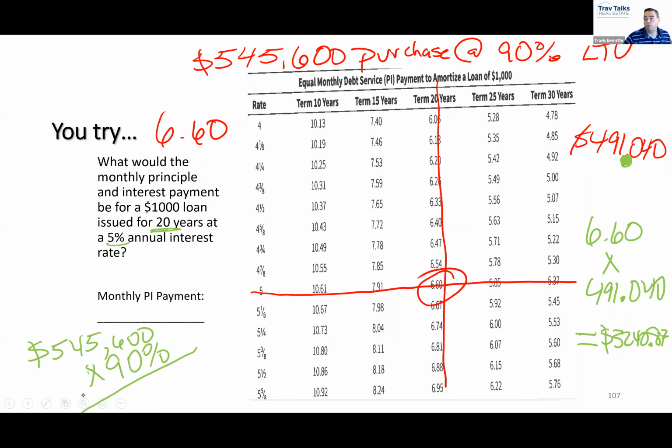That's where the $491,040 comes from. So the person is borrowing $491,000. Gotcha, I'm with you now. And then times the term factor, change the comma to a decimal, times $6.60. I just got it.